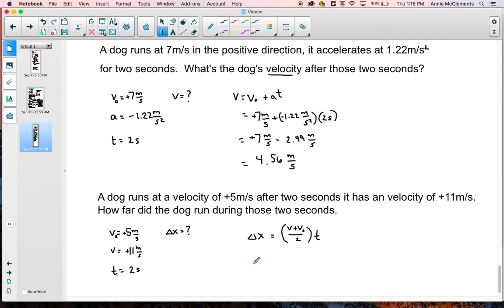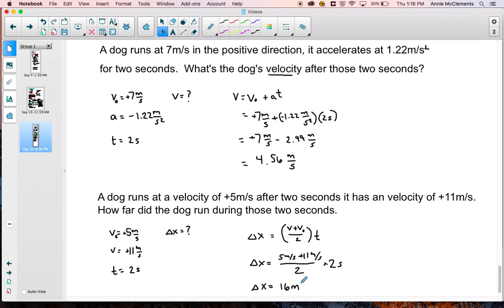Okay, so now we just have to plug and chug these numbers. 5 meters per second plus 11 meters per second over 2 times 2 seconds. The change in position equals 16 meters.